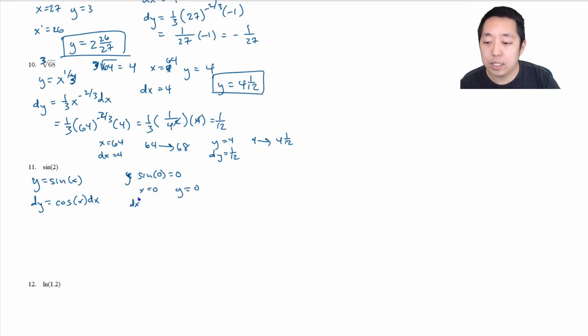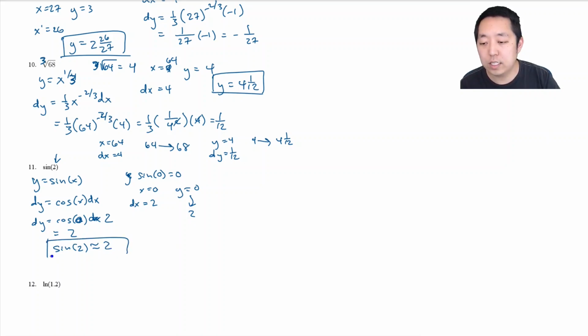My dx then, because I'm going from 0 to the value that I'm interested in, which is 2, would be 2, and so my dy would be equal to cosine of 0 times the dx, which is 2. Cosine of 0 is 1, so we would say 2. So we would say sine of 2 is approximately equal to 2. Now, this is actually a very poor approximation because the difference is so large.